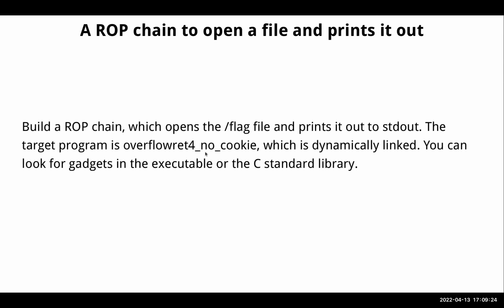In this version, the stack is not executable and there's no cookie. You can overwrite the stack, but the stack is not executable. The program is dynamically linked, so it doesn't have as many gadgets as you want. But this is not a problem, right? They load libc anyway, so you can look for gadgets in libc.